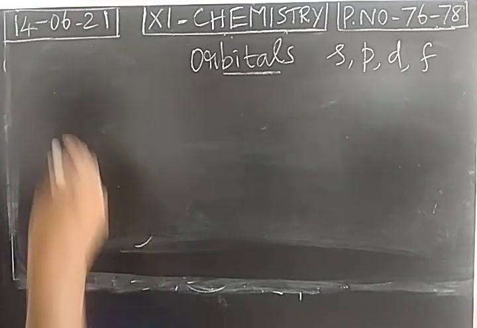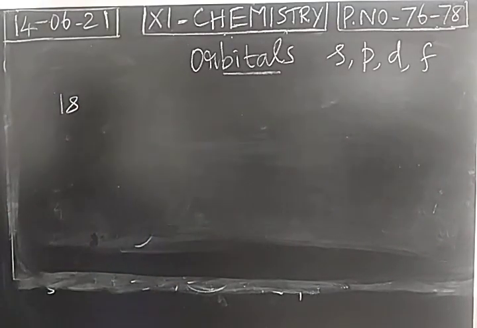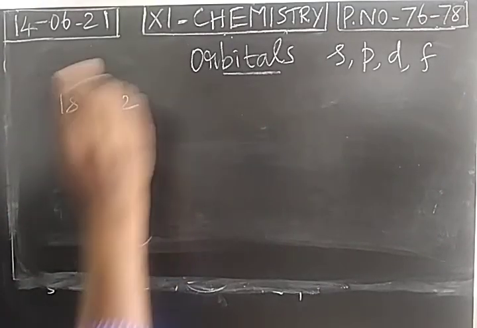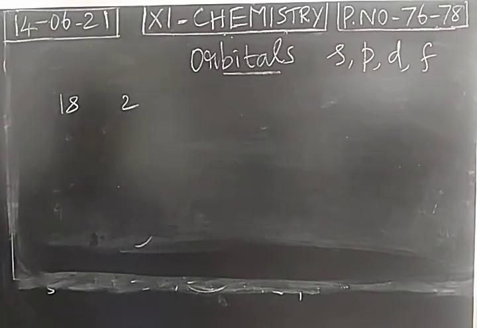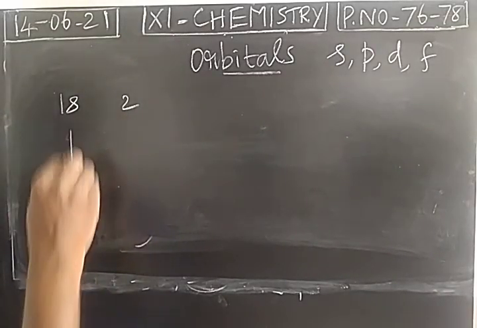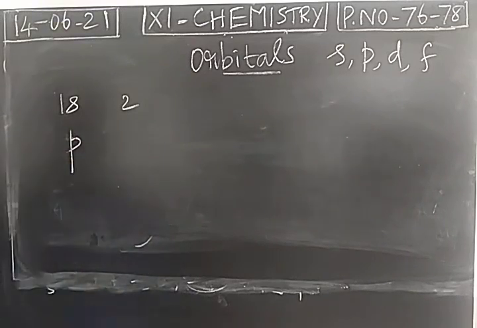So when you take 1s orbital, it can accommodate a maximum of only 2 electrons. And you take p orbital. P orbital is of 3 types.